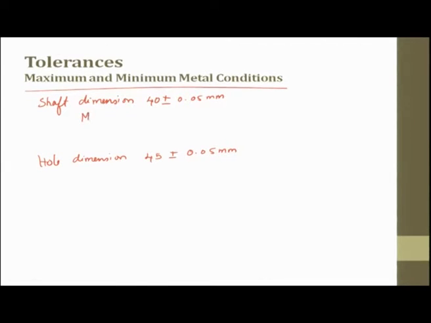So, what will be the maximum material limit and least material limit for a shaft? It will be 40.05 and this will be 39.95, all in millimeters. Same way for the hole, it will be 45.05 and it will be 44.95. So, here this will be the LML and this will be MML.